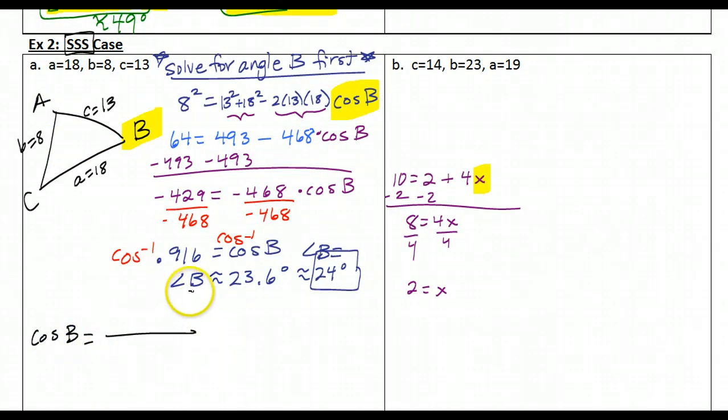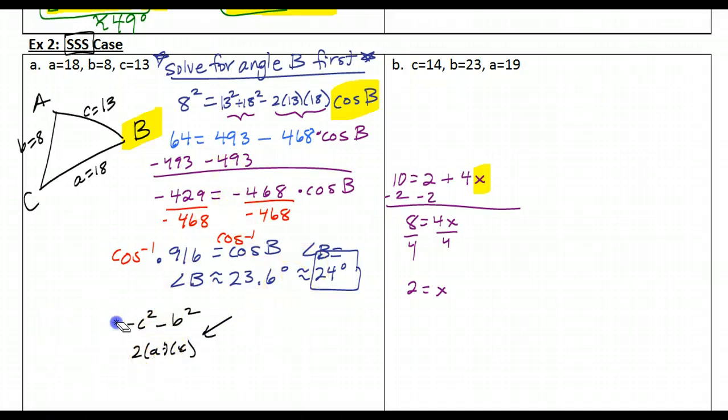But notice that the variables are going to be different because this time I'm using A and C as the two sides, and then B is the side that is across from my angle. So you have to be careful. But you could use that formula instead to find cosine B if you would prefer. See, what this does already is right away it's subtracted off and divided, which we did by hand. I personally prefer to do it this way for whatever reason, so that's what I'm going to show. But you can use the other way if you want.